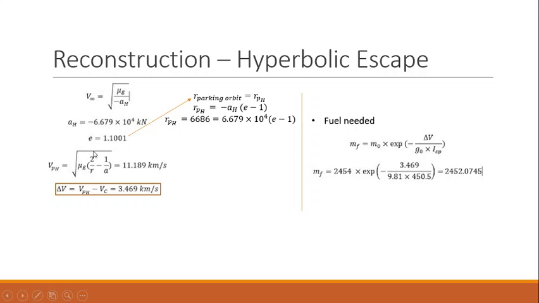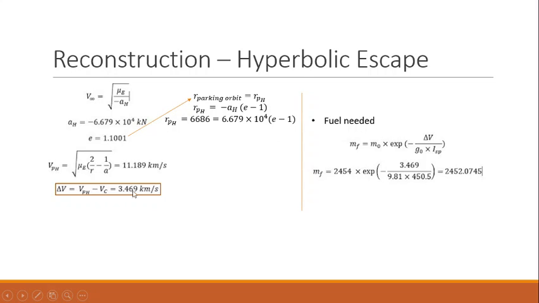From that, we can find the semi-major axis of the hyperbolic escape trajectory, which is minus 6.679 times 10 to the power of 4 kilometers, and we can find the E also by using this equation.